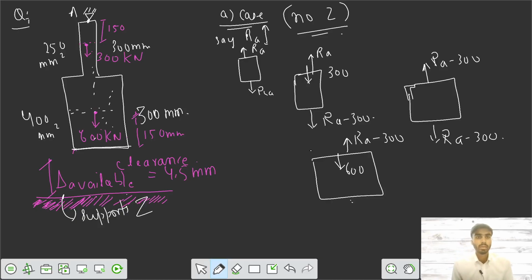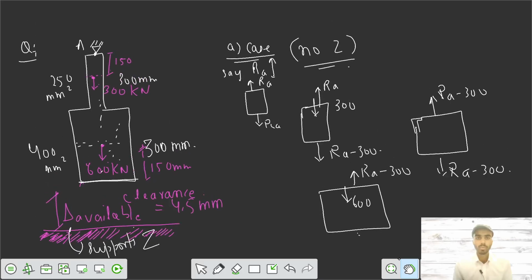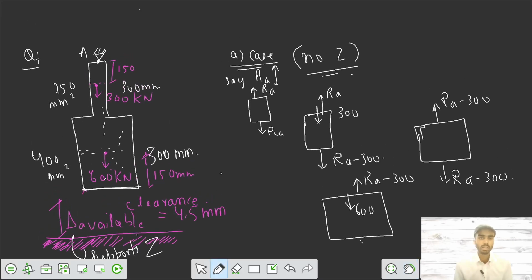But the thing is, if we do summation of forces in the vertical direction, summation of Fy goes to 0. So your reaction at A comes out to be upwards, as we assumed. That is correct. 300 plus 600, that is 900 kilonewton. This one plus this one. This is your 900 kilonewton.